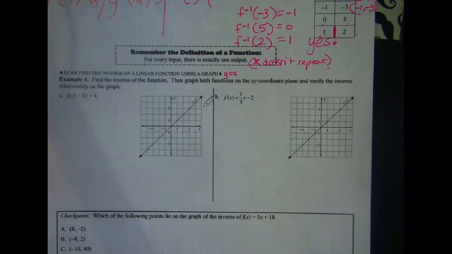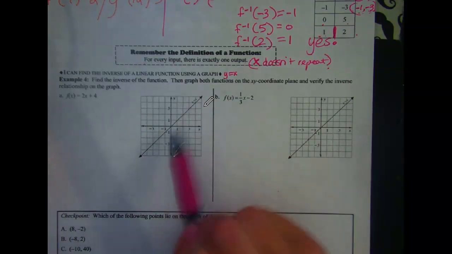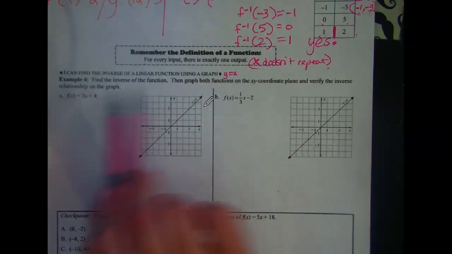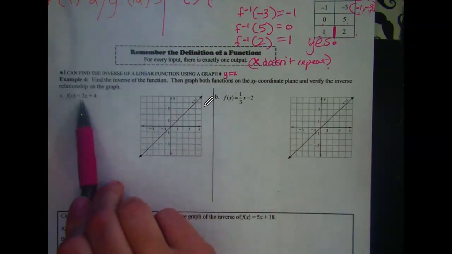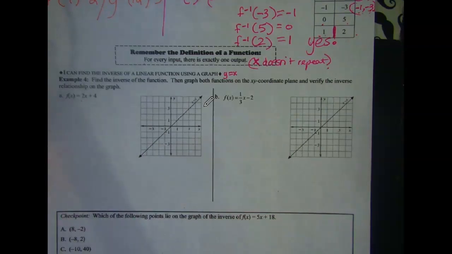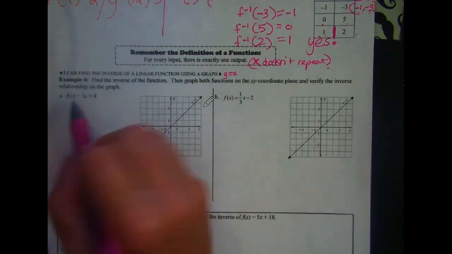Technically it's reflecting over it, so we're going to use this as our reflection line. So finding the inverse, what that means is first I'm going to graph both of them. Once we find the inverse, we graph both of them. So this is our original one.